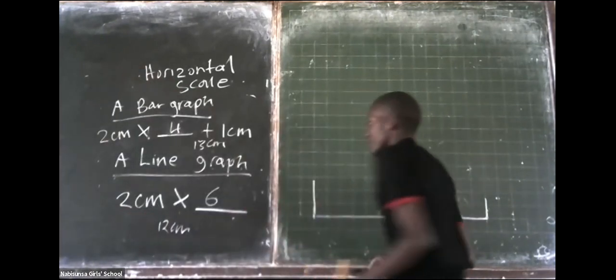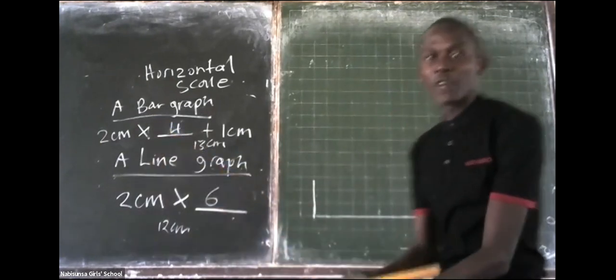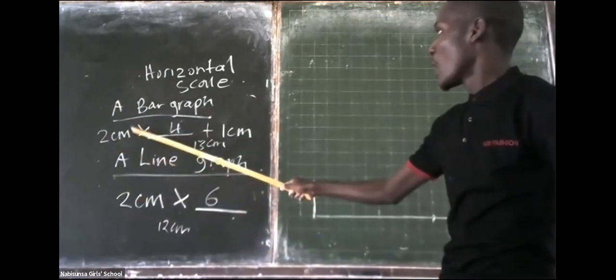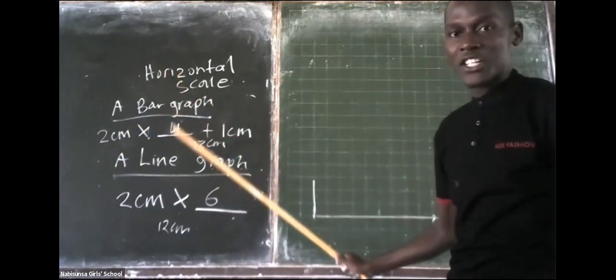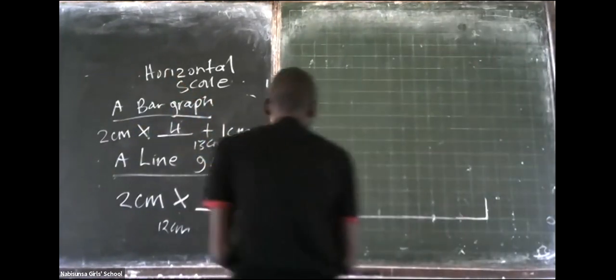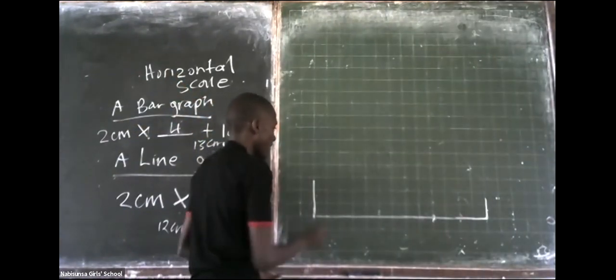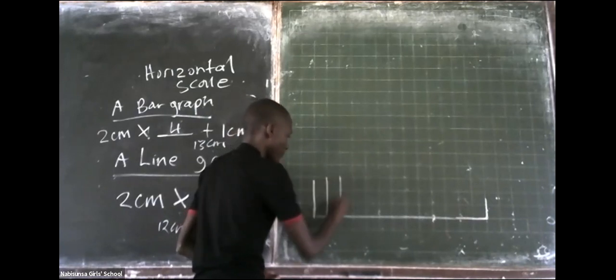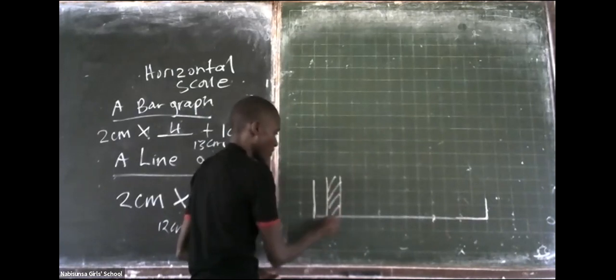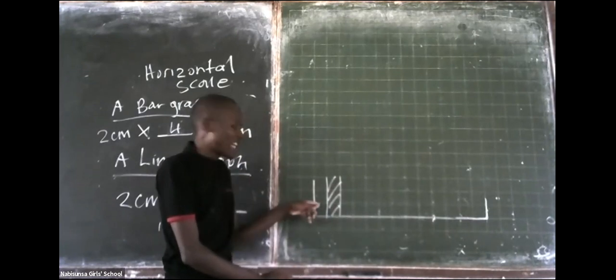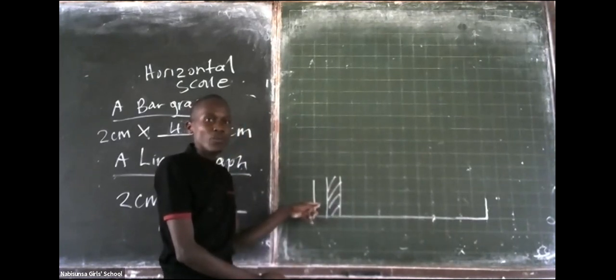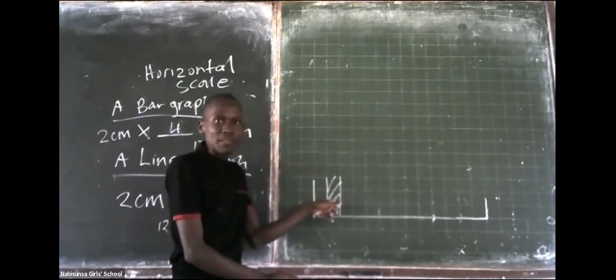The reason why we use 2 centimeters, we are saying that each item, remember when we are drawing, our graph is going to look like this. Assuming this is my information, I have to leave 1 centimeter for space, then 1 centimeter for the item.